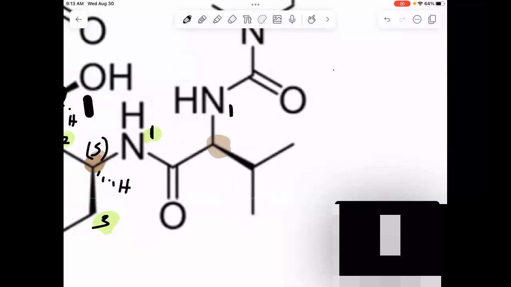And then 2 or 3 is going to be either this carbon or that carbon. Now this is a different type of branching.